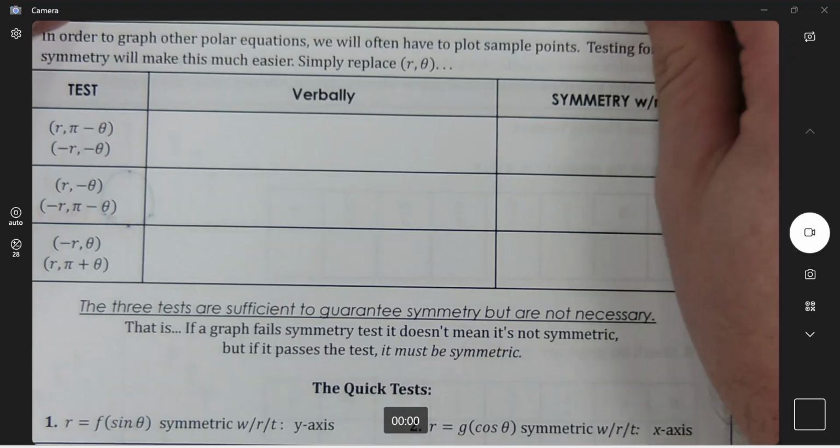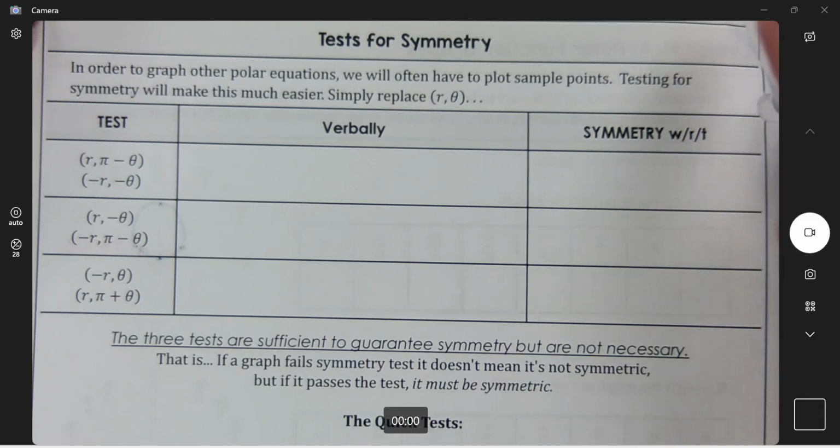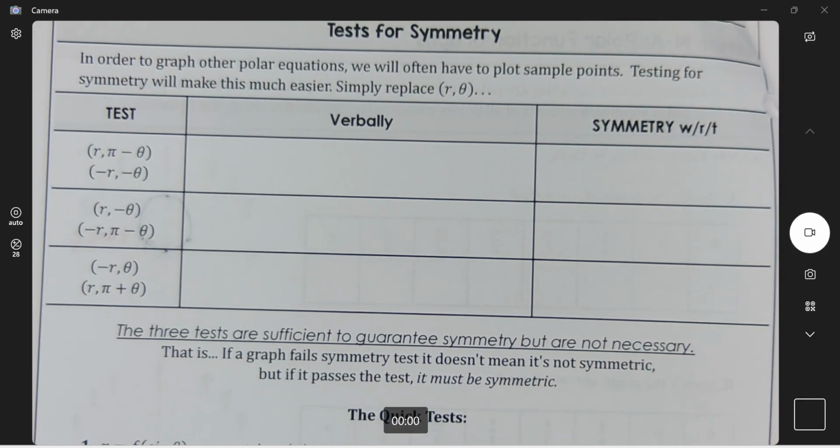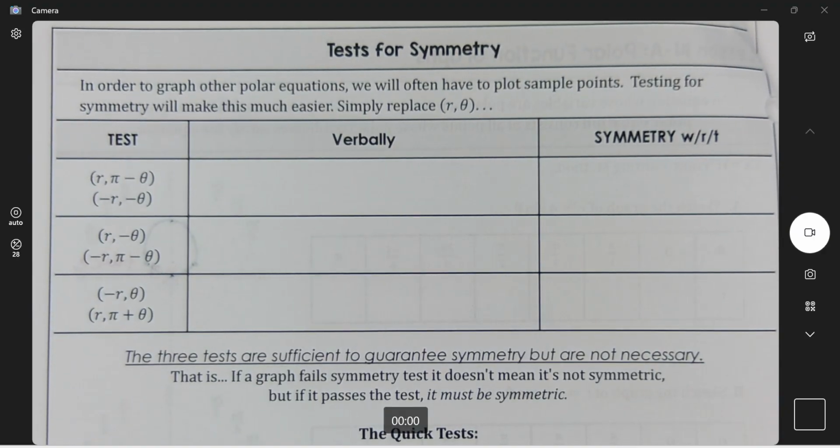Okay. So when I was thinking about how to teach this material, I was looking at these tests for symmetry here. I don't want to say they're useless, but they might help a little, and I find them so little help that I don't even like bothering with them. Here's what I will say.